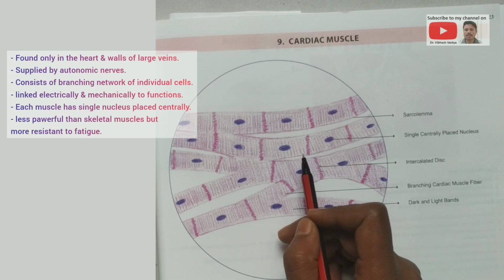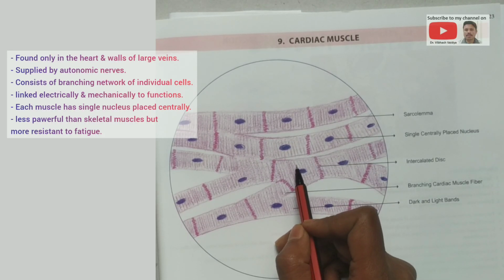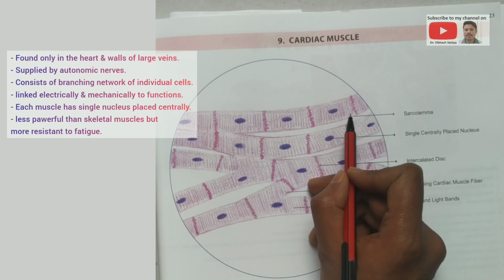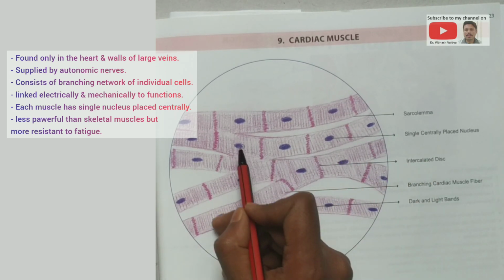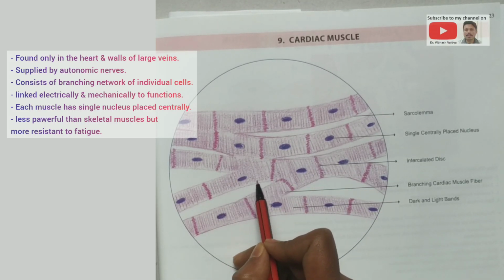It consists of a branching network of individual cells that are linked electrically and mechanically to function as a unit. You can appreciate here this is a muscle fiber, and these muscle fibers have a branching pattern.